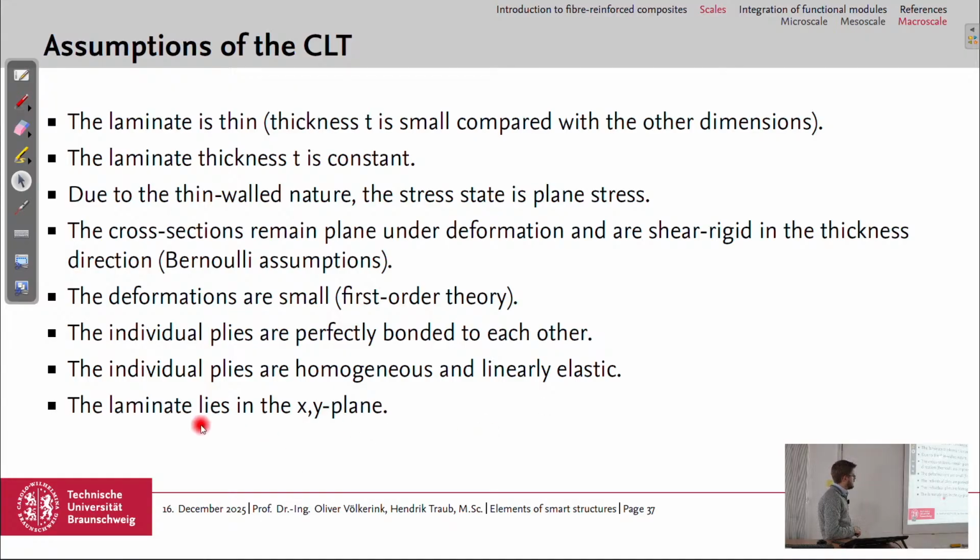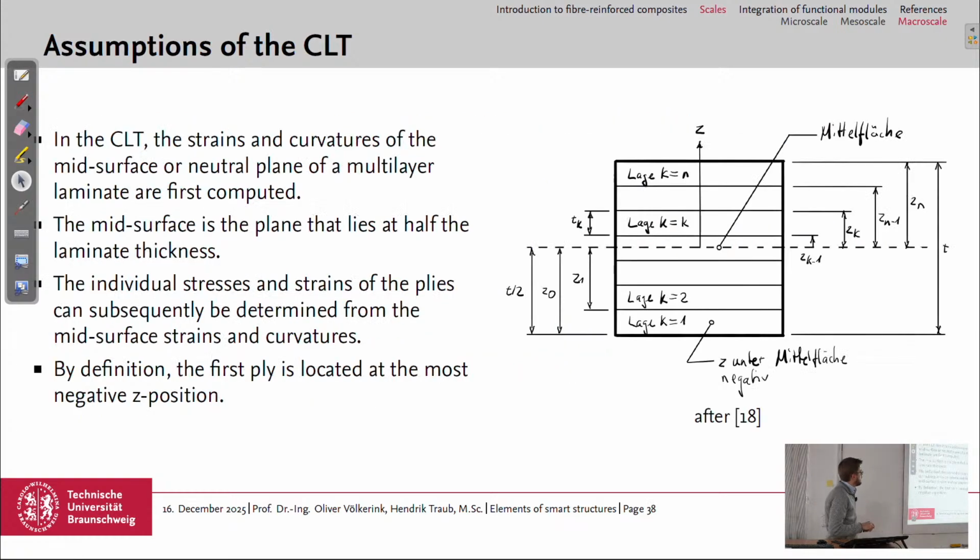And we assume that the laminate lies in the XY plane. This is the coordinate system. And then we build up our laminate like this. We have here the mid surface. We start at the bottommost ply and then stack the plies on top of each other and have a Z coordinate for each ply in the laminate, in dependence of the mid surface.